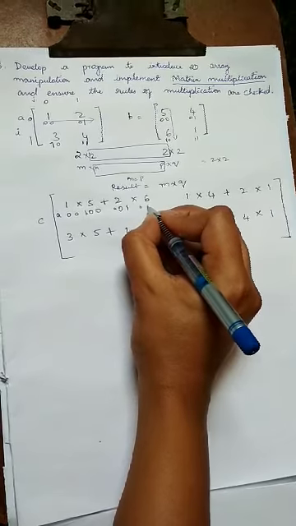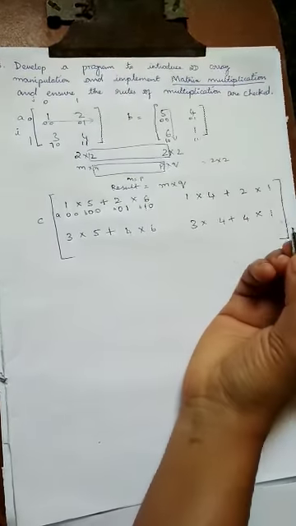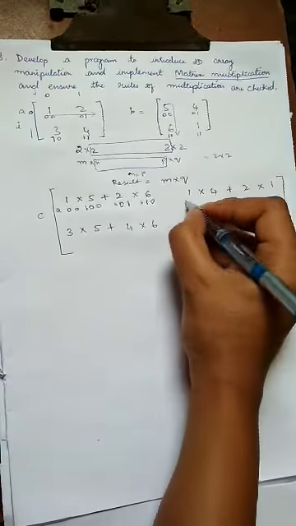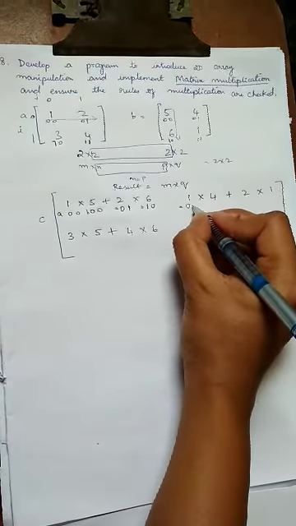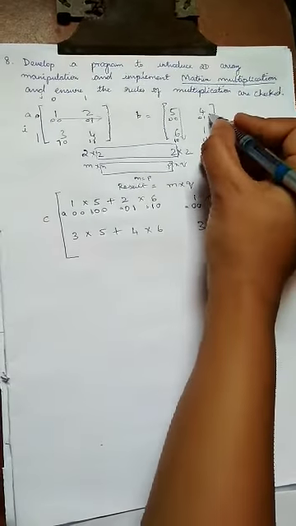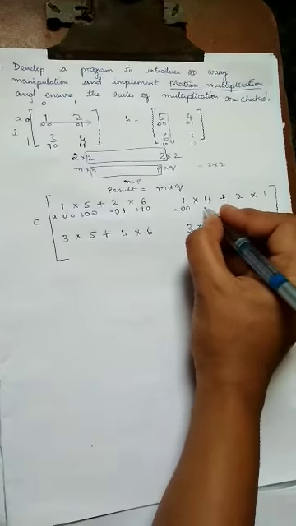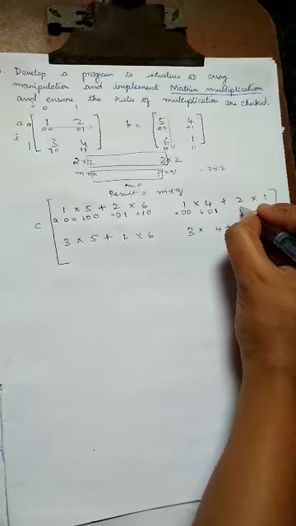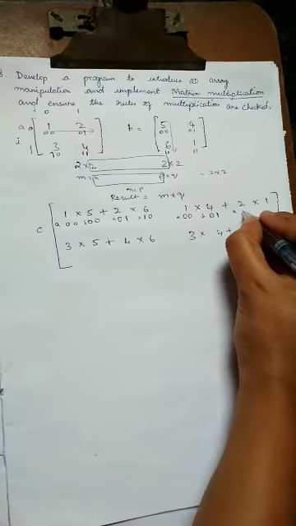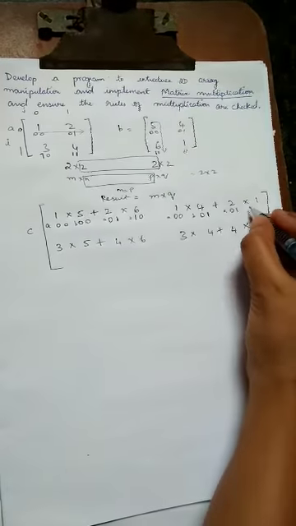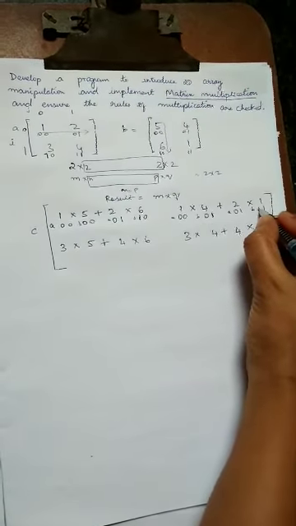From B of 1, 0 will give me 6. Same way 1 is from A of 0, 0. And then 4 I will get from B of 0, 1. 2 I will get from A of 0, 1, and then 1 I will get from B of 1, 1, right?